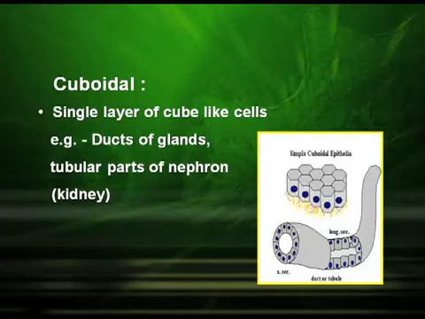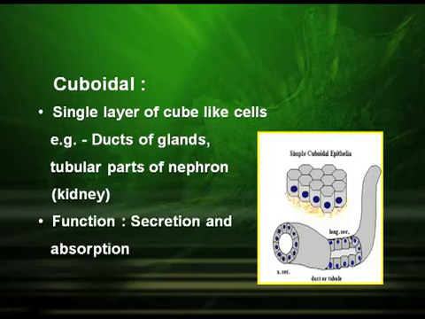The next type of simple epithelium tissue is the cuboidal epithelium. From the name you can make out these cells are cuboidal in shape. They have a single layer of cube-like cells and they are found in the ducts of glands and the tubular parts of kidney, that is in the nephrons. Their function is secretion and absorption.